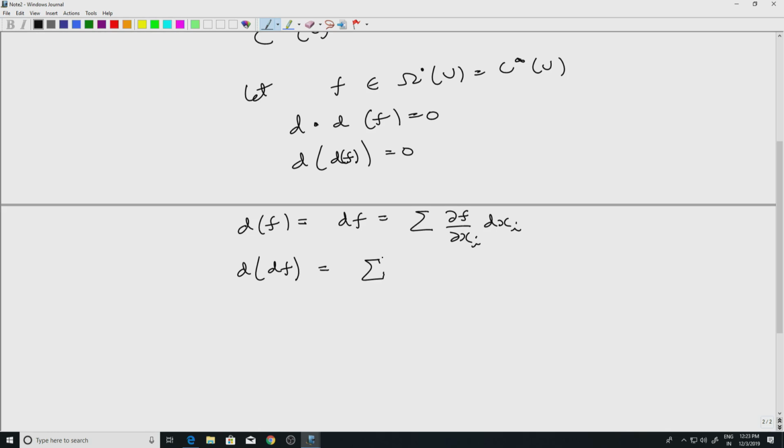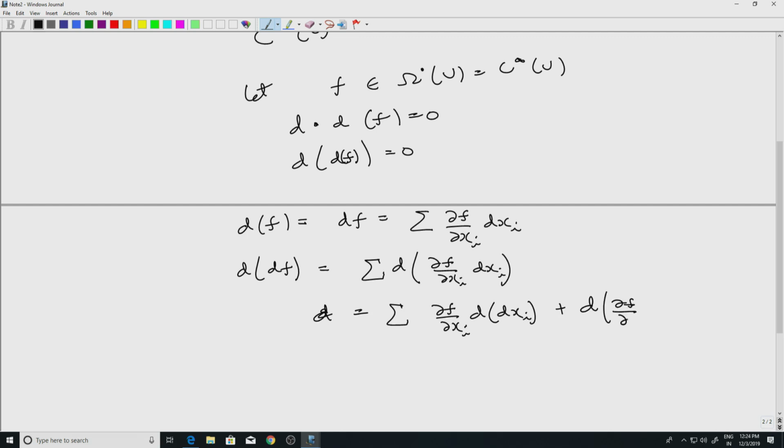Using that I can simplify this expression. First I take it inside the summation sign. Then I'll get two terms. One is del f by del xi times d of dxi, plus d of del f by del xi times dxi.